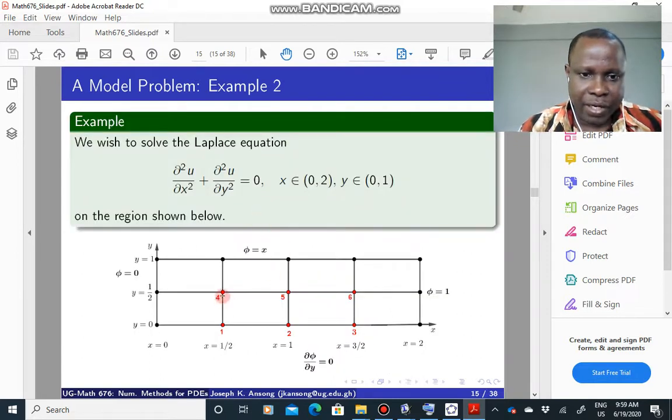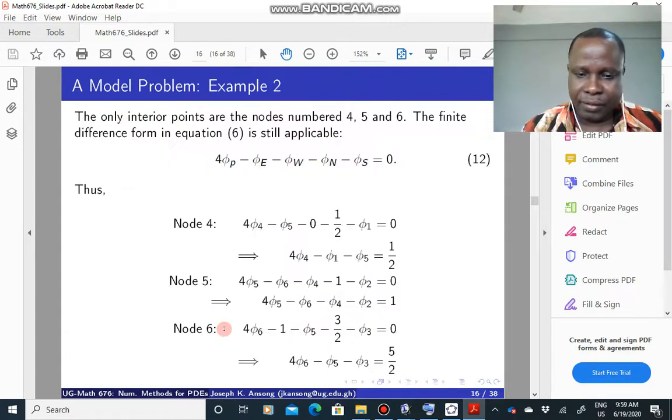So here east is phi 5, west here is 0, the value of phi here is 0. That's why you have a 0 here. To the north, the value of phi is x, which is a half. So you have a half. And then you have phi 1, which you don't know yet. That's why you have a 0, a half, and phi 1. That gives you that. And you do the same thing for node 5 and then node 6.